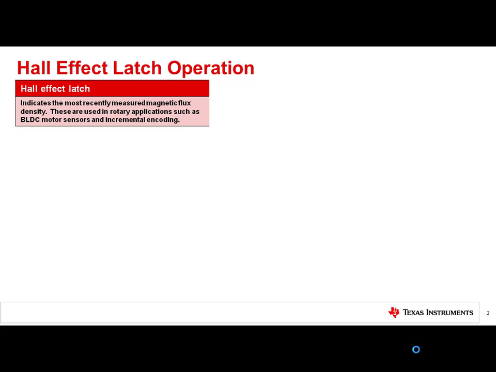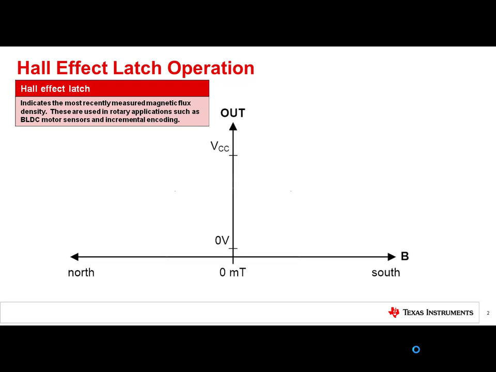As shown in our previous videos in this series, here is the output graph of a traditional Hall effect latch. Applying a south magnetic pole near the top of the device in excess of the operating point, known as BOP, causes the output to be driven low. It will remain in this state until presented with a north magnetic pole with an input to exceed the release point, known as BRP, at which point the output will return to the high state.